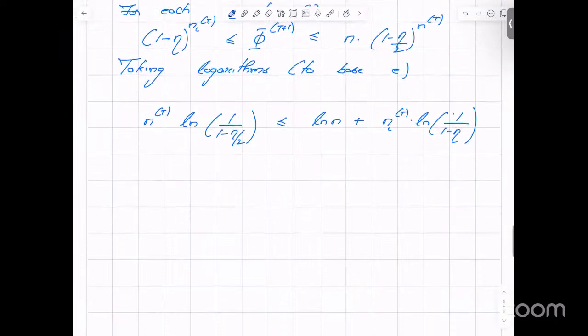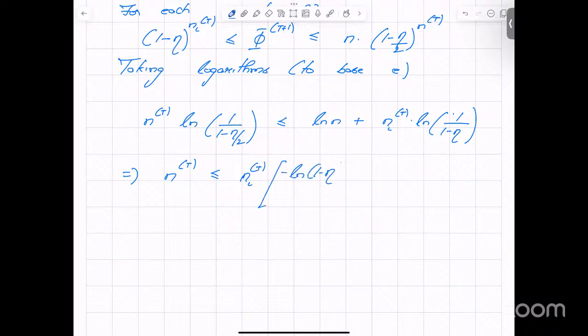So hence that implies nt is less than or equal to ni t into minus ln 1 minus eta over minus ln 1 minus eta by 2, plus ln n over minus ln 1 minus eta by 2.